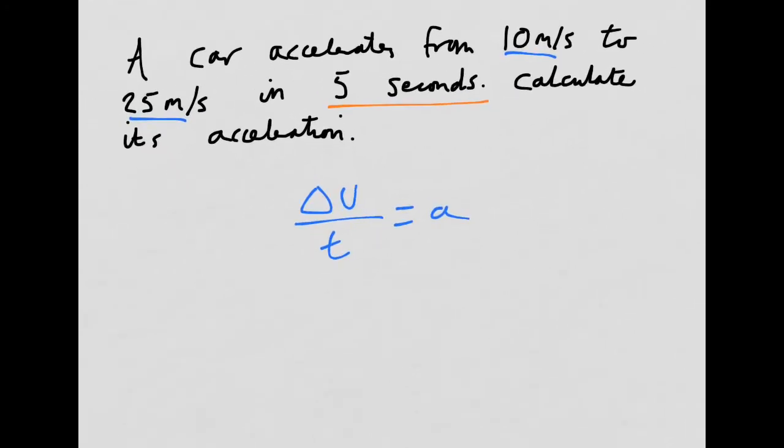If you're doing AQA, you need to remember that change in velocity divided by time is acceleration. The change in velocity from 10 to 25 is 15, and it's taken 5 seconds. So we take 15 and divide it by 5, and you get 3.